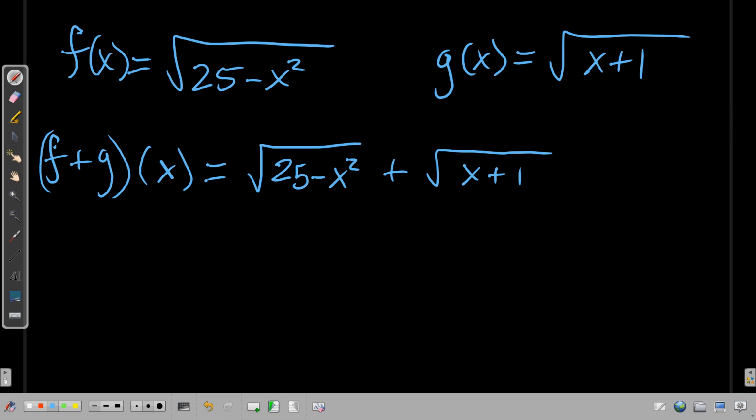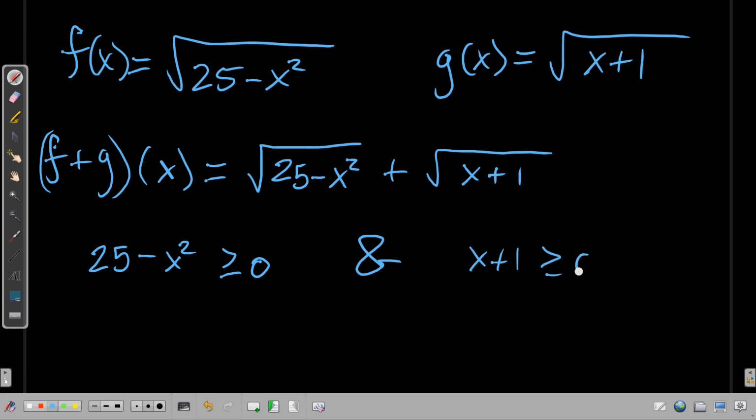All right, the domain of this thing, well, I would need both 25 minus x squared to be greater than or equal to 0, and I would need x plus 1 to be greater than or equal to 0.